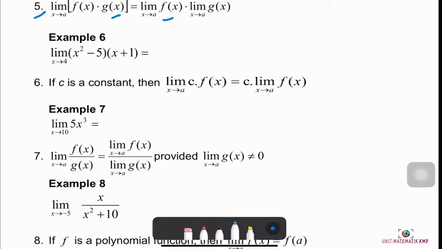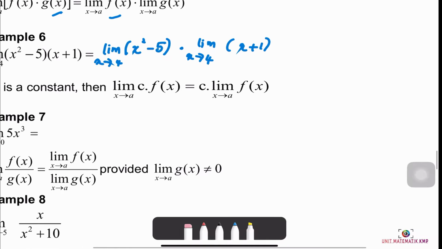So what we can do here is write the limit of x squared minus 5 when x approaches 4, then we multiply, or we put a dot there, and we write the limit of our next function. We need to put brackets here. So x plus 1 when x approaches 4.